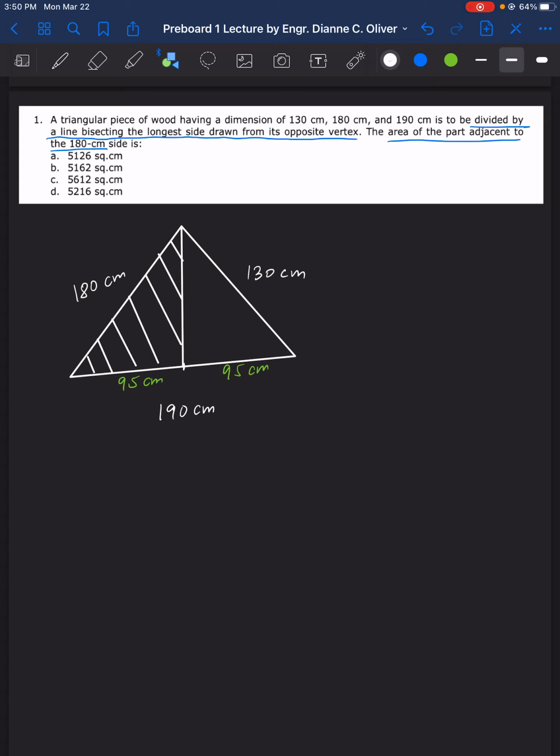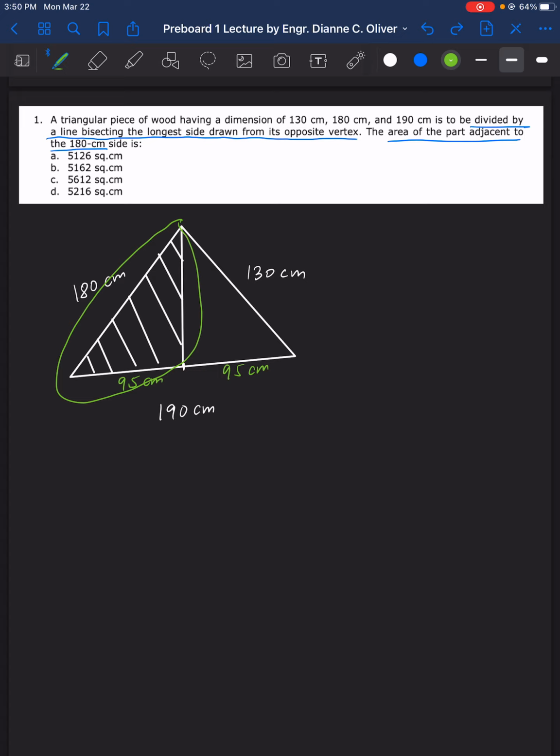So how do we solve this? If you look at this closely, we can get the area by using: area is equal to 1/2 of the adjacent sides of the angle theta.